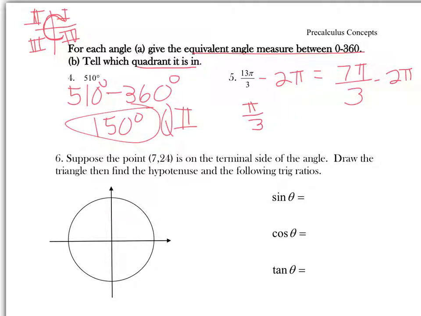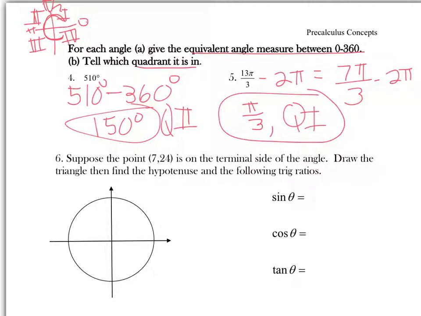So if you're between, 0 is here, 1/2 pi is here, pi is here, so 1/3 is going to be between 0 and pi over 2, right? So that's actually your first quadrant.